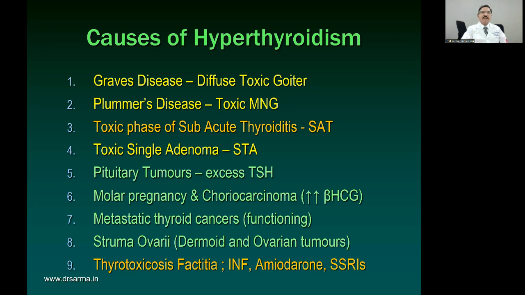Metastatic thyroid cancers, usually from the lung or bone, will be hyperfunctioning. Struma ovarii or dermoid or ovarian tumors. And of course, you should know thyrotoxicosis factitia. Interferon, amiodarone, SSRI-induced thyroid hyperfunction, drug-induced hypermetabolic states, you must know.